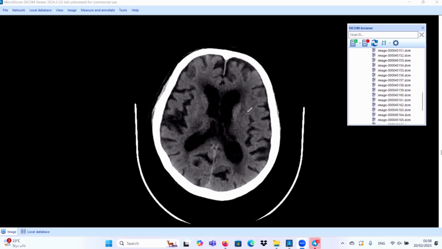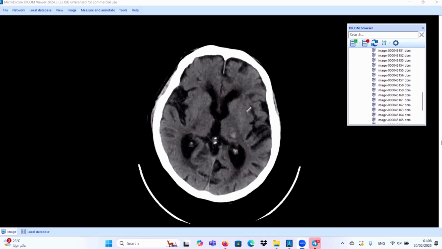We have also diffuse ischemic changes in the white matter, small chronic ischemic changes. So in conclusion, we have a left thalamic small hematoma, and it is considered one of the characteristic locations for hypertensive hemorrhage. So we have here 4 main characteristic locations for hypertensive hemorrhage: basal ganglia, brainstem, cerebellar hemispheres, also the thalami.